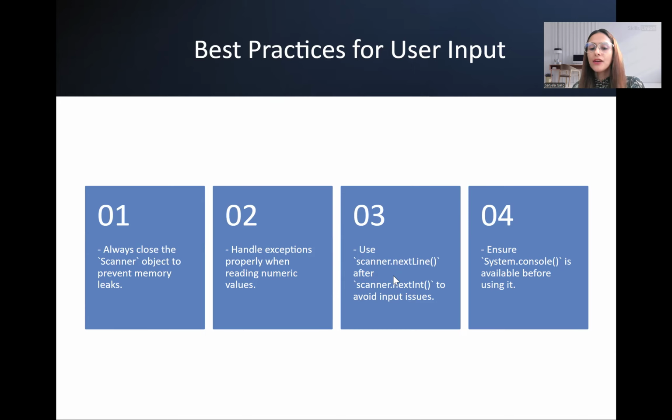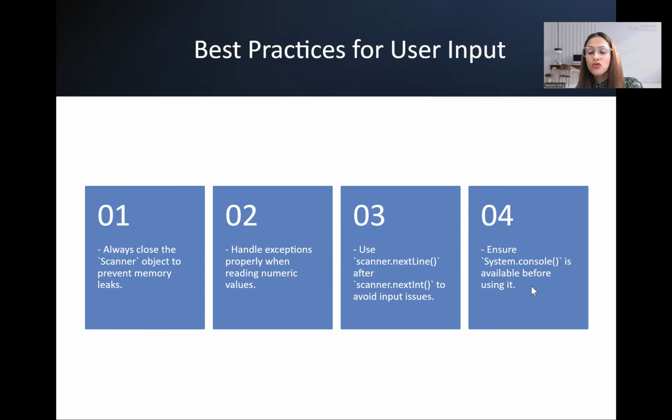Use scanner.nextLine after scanner.nextInt to avoid input issues. Sometimes you just need to use a standalone scanner.nextLine, because the stream may be blocked, and to flush it out and accept the next input, it's good to use scanner.nextLine.